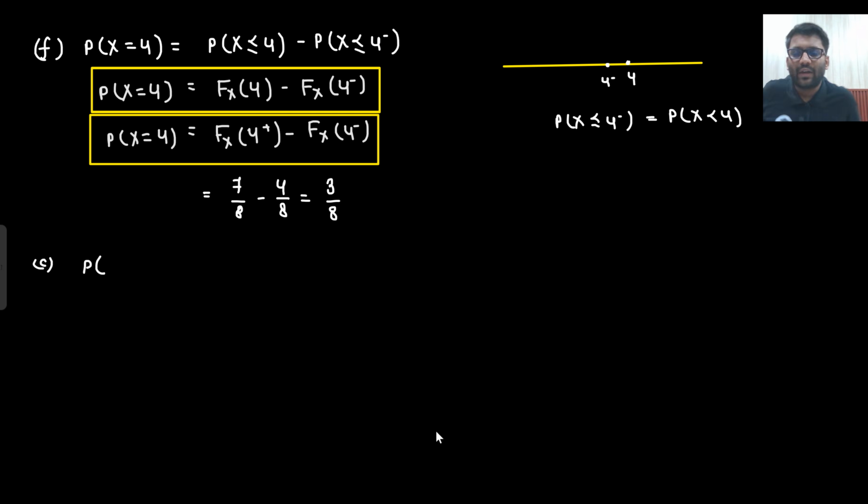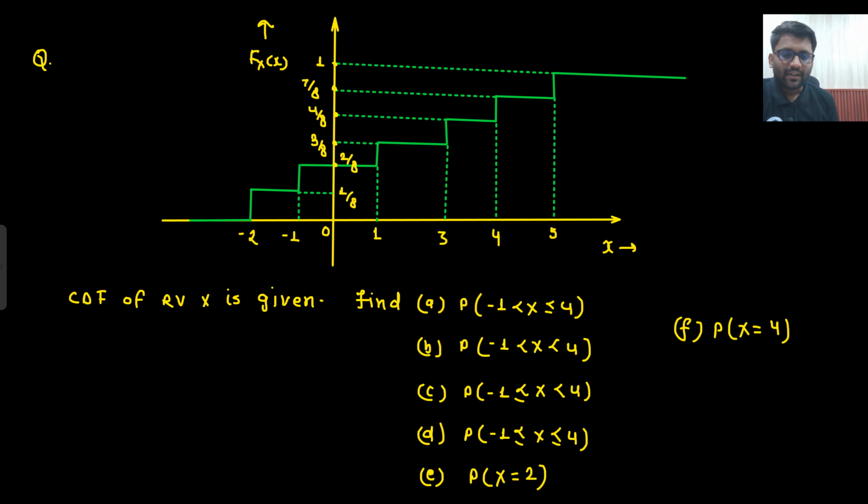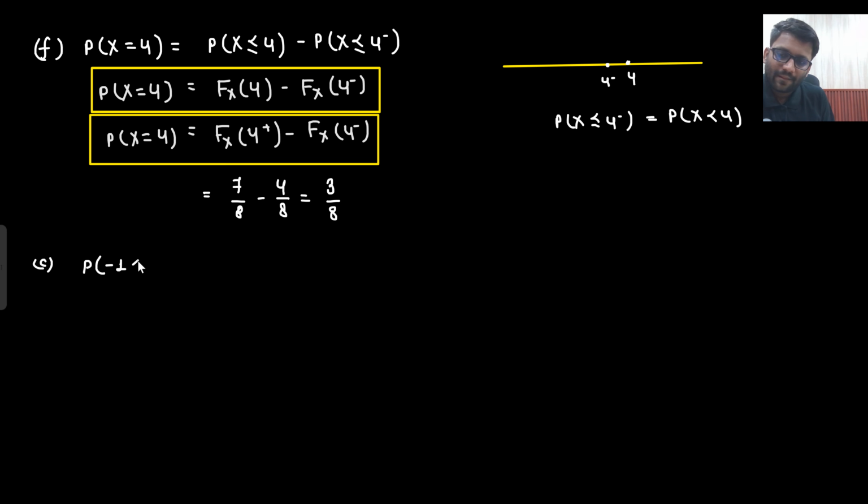Let's see the C question now. Now you should be able to do everything on your own. Let's see the C1. Minus 1 to 4. So how will you write it down? Probability of x less than 4 minus probability of x less than minus 1. There you go.